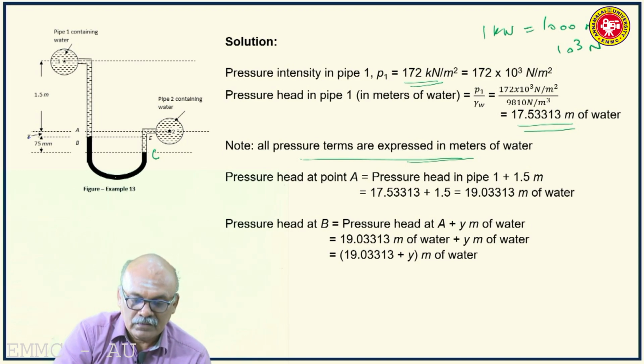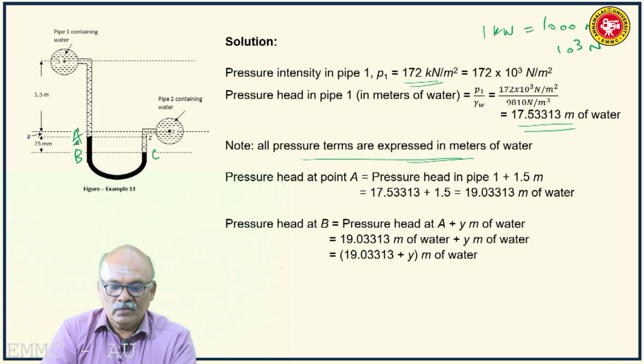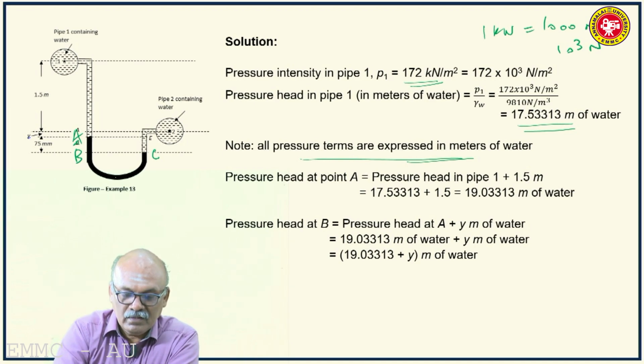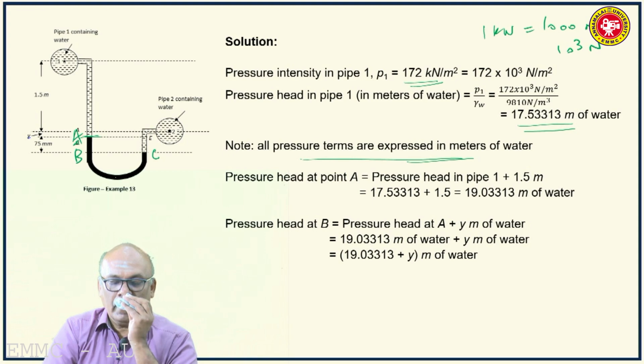In fact, this is B and this is A. So, A is the interface of overlying water and underlying mercury in the left column.